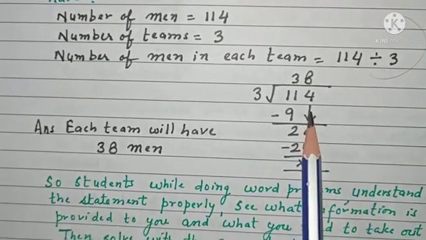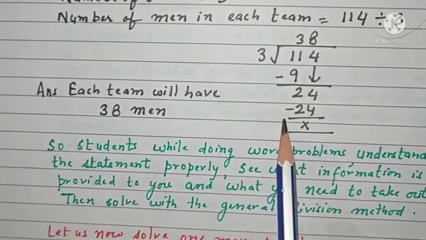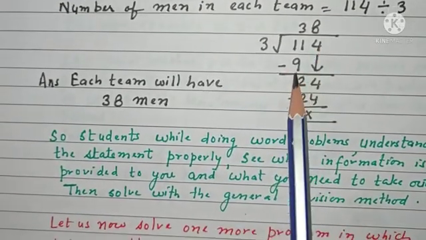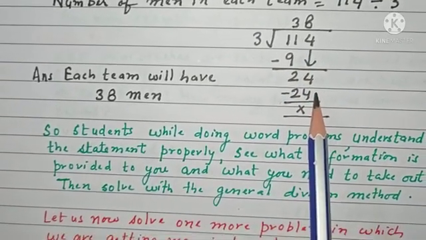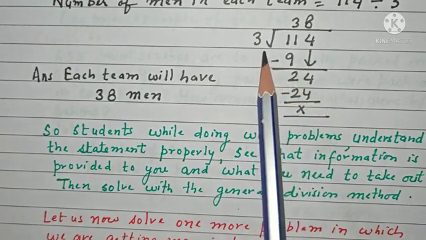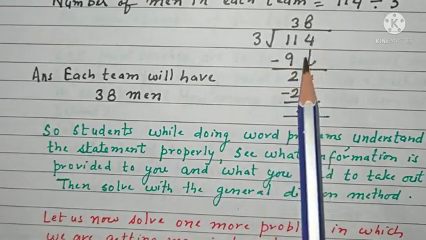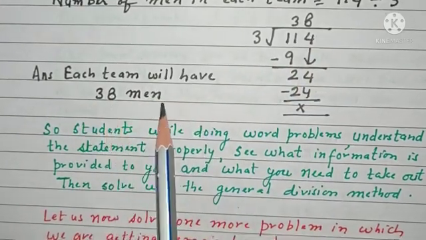So when 114 is divided by 3, we can do the division sum properly as we do the normal division. So it is 3 3s are 9. 11 minus 9 is 2. Putting 4 down. Now 24 is the number. And then in the table of 3, we will look for 24. 3 8s are 24. So each team will have 38 men.